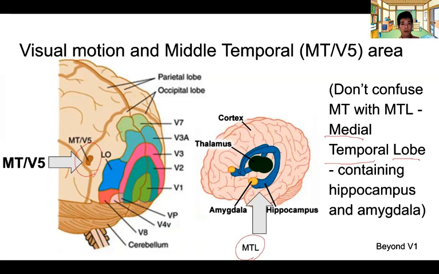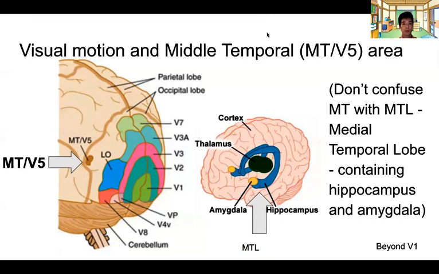And middle temporal, MT, is the middle of the temporal lobe. So that's a different thing: medial temporal versus middle temporal. The medial temporal lobe contains structures such as the hippocampus and amygdala, that are important for memory or emotion. So don't confuse MT and MTL.